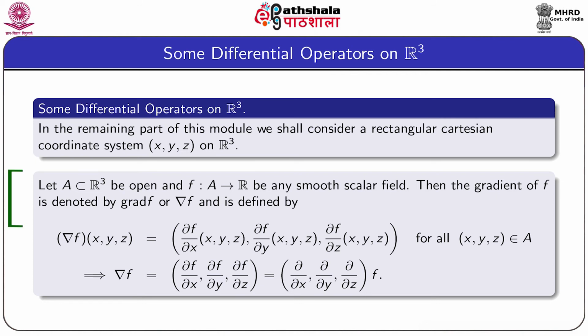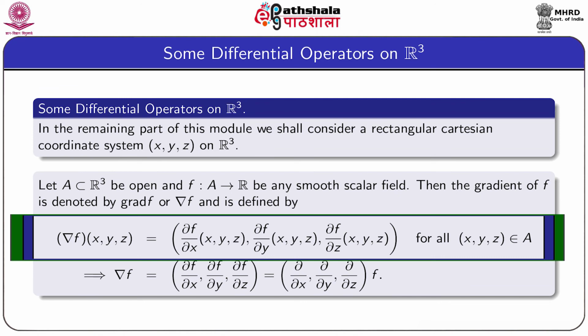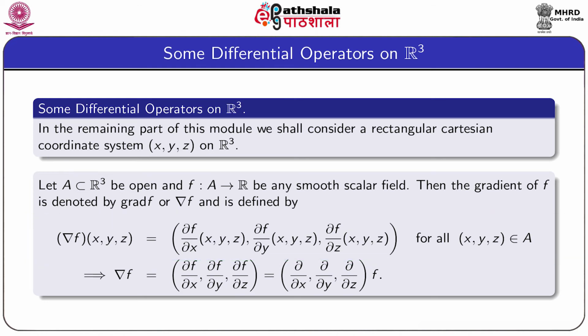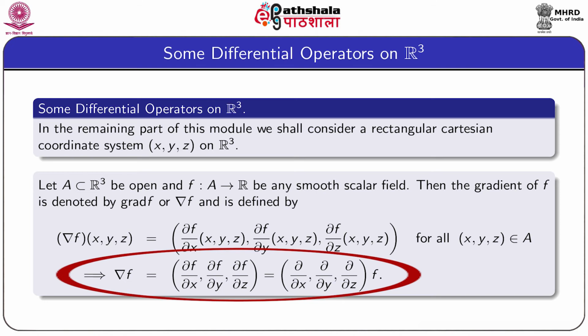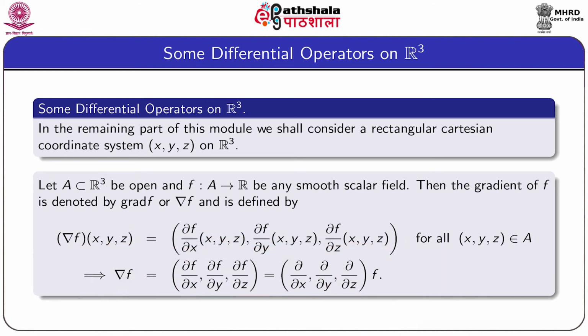Then the gradient of f is denoted by grad f or nabla f and is defined as nabla f(x,y,z) equal to (∂f/∂x, ∂f/∂y, ∂f/∂z) evaluated at the point (x,y,z). So, from this we can consider nabla as an operator (∂/∂x, ∂/∂y, ∂/∂z) operating on f.